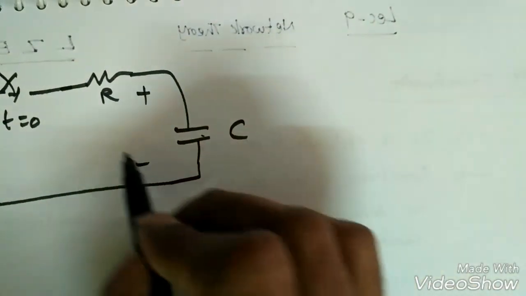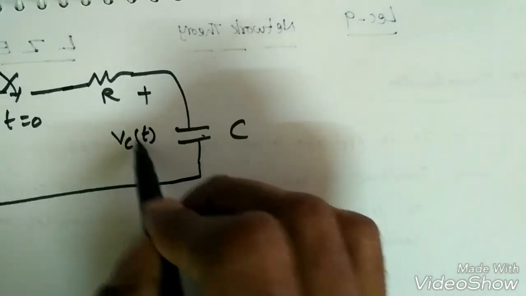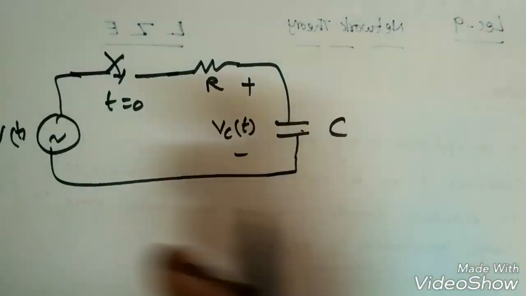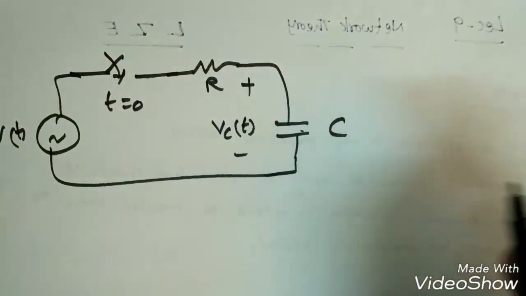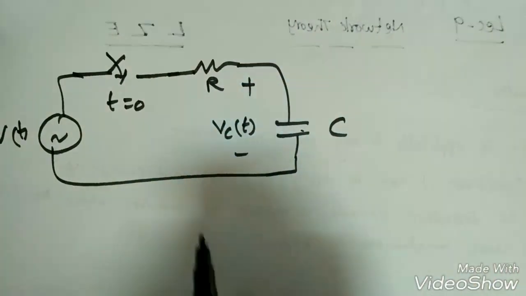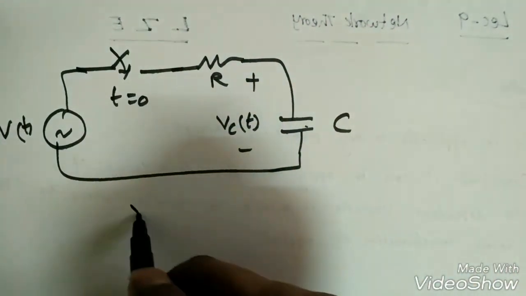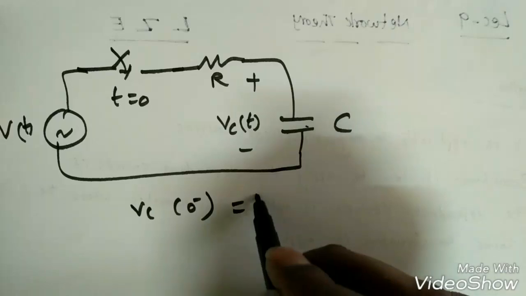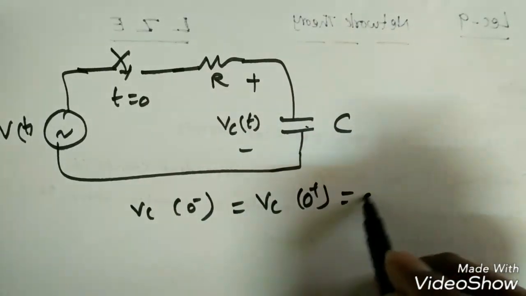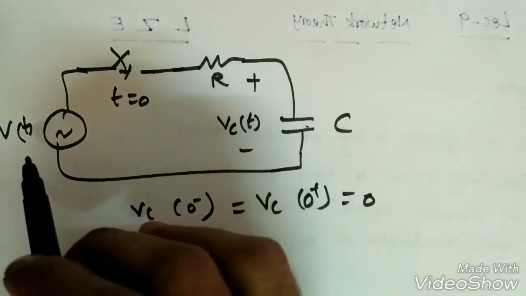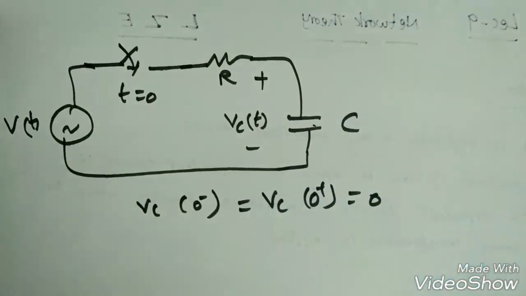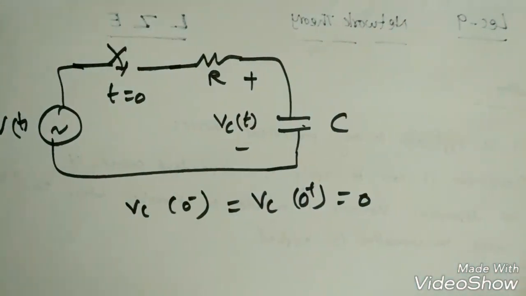Suppose we need to find Vc of t, or I of t also. So first we will find Vc of 0 minus, which is equal to Vc of 0 plus, is nothing but 0, because when the switch is open, no source is connected, so the initial voltage is 0.